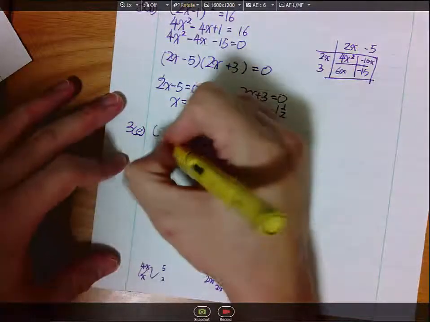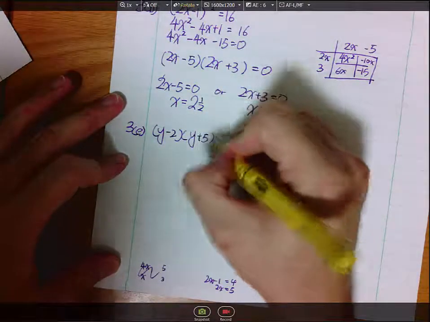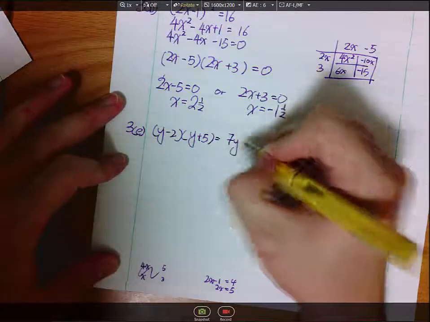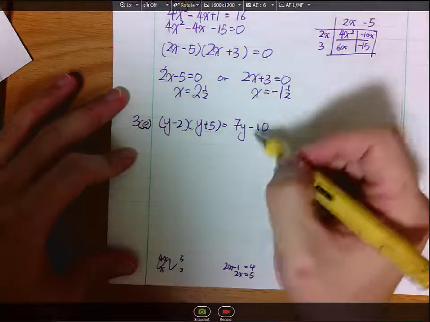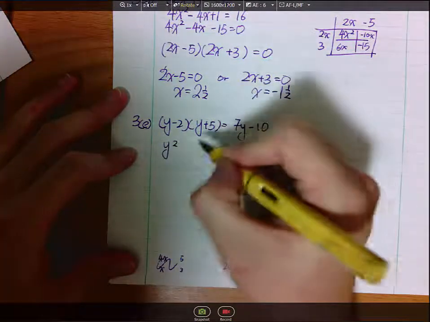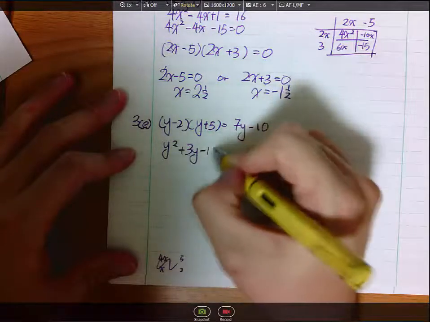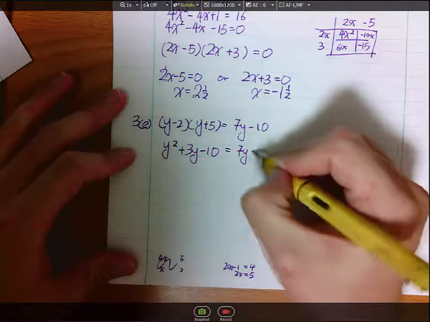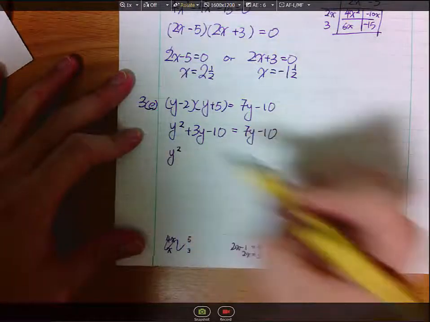We have (y minus 2)(y plus 5) is equal to 7y minus 10. Again we aim to get a 0 on the right hand side. So first I will expand. Then I collect terms on my left hand side.